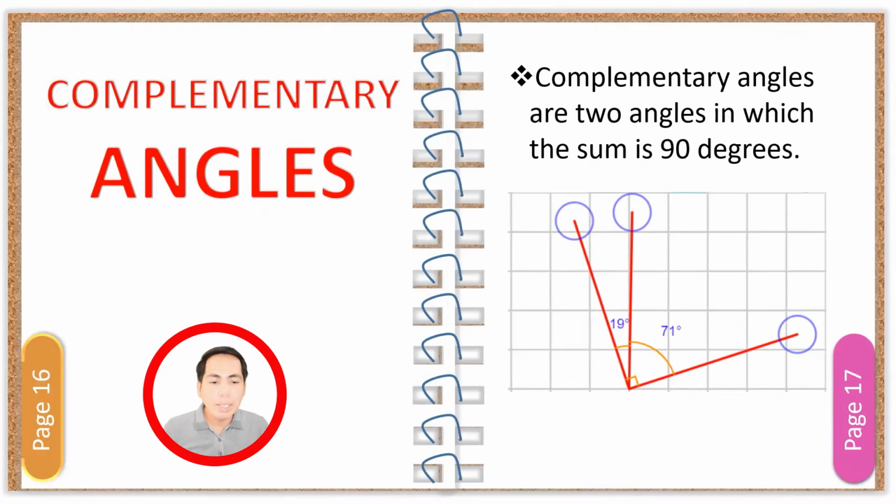So 19 degrees plus 71 degrees will give us 90 degrees. So these two angles are complementary angles. But not necessarily that these two angles should always be adjacent angles.